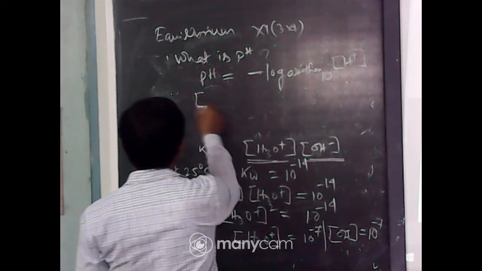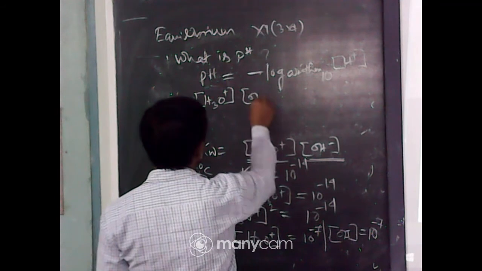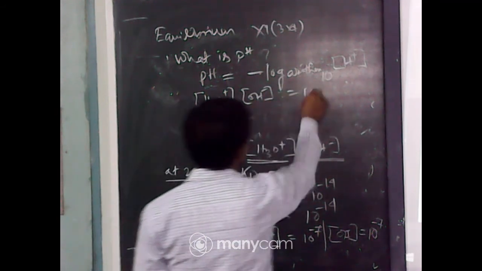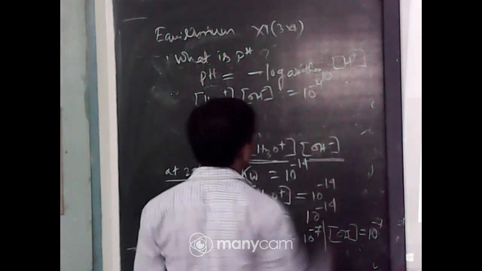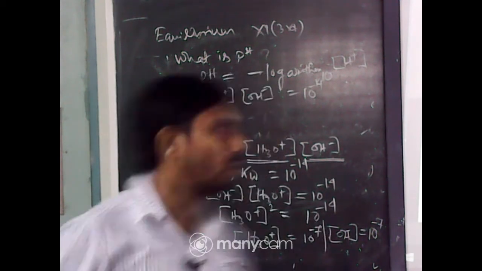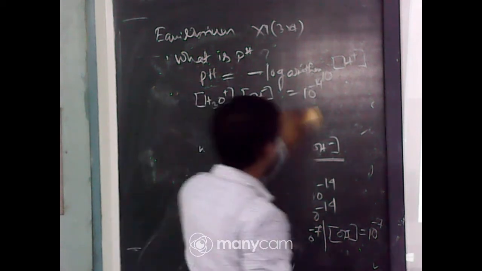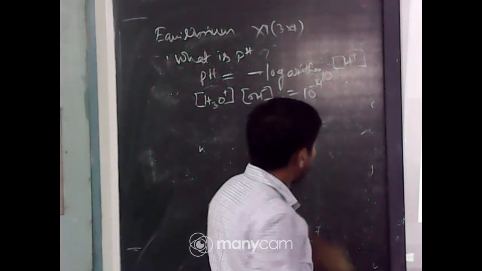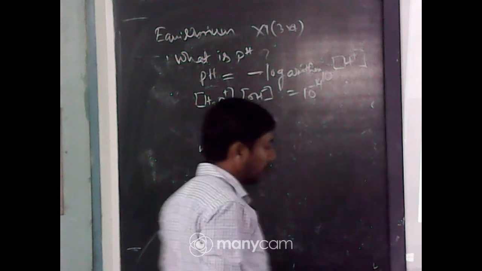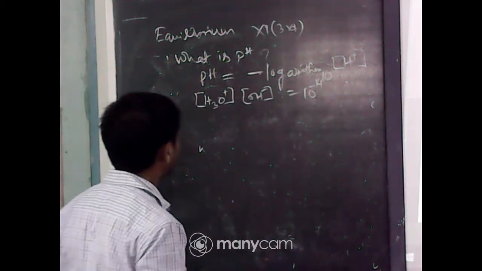So, concentration of H3O plus into concentration of OH minus is equal to 10 to the power minus 14. Now, we have to know how the log function works, because the mathematical problems will come from here, that is the calculation of pH or the calculation of the dissociation constant.